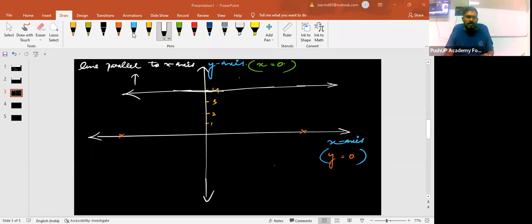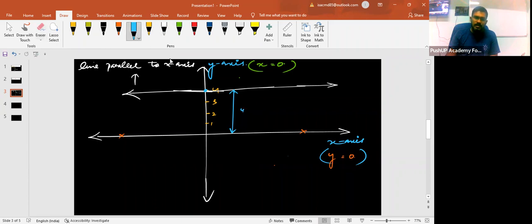Because you can see the distance between this white colored line, which is parallel to the x-axis, is 4 units because it is passing through which point on the y-axis? 4 on the y-axis, and that is how you were able to calculate the distance, isn't it? You're able to calculate the distance of that white colored line parallel to the x-axis. So how much is it? 4 units.